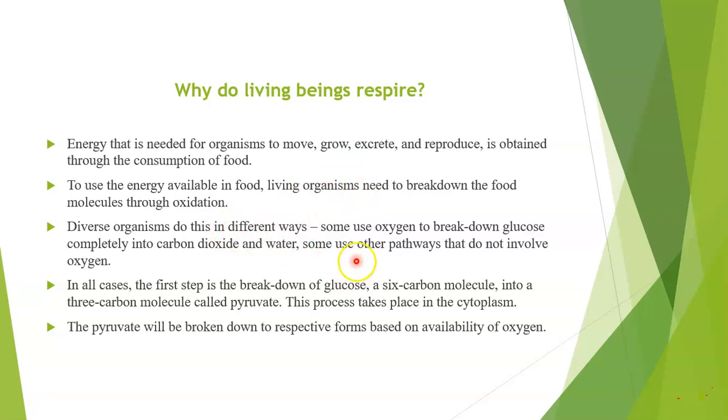Among them, the two major pathways: in one pathway oxygen is used to break down glucose, which is the main source of energy stored in food. Glucose is broken down in the presence of oxygen to give carbon dioxide, water plus energy.